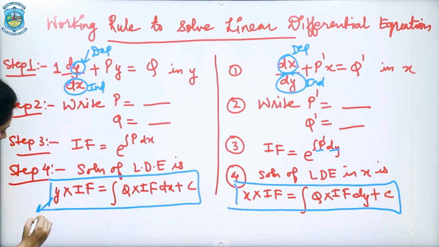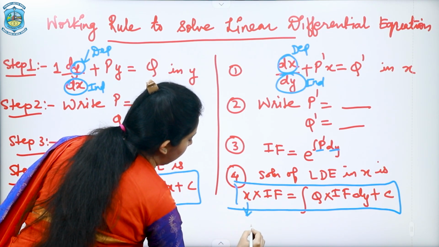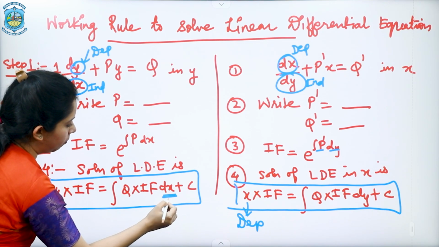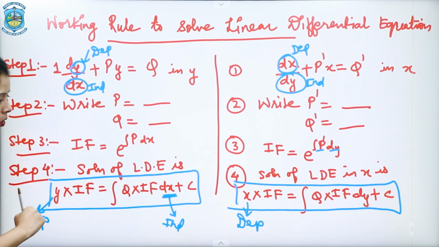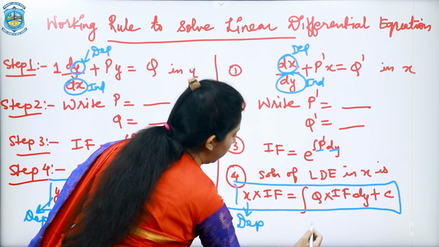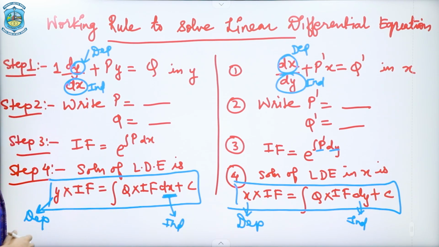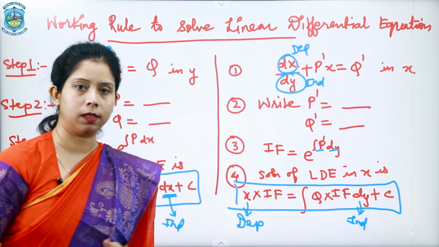Here y was the dependent variable, there x was the dependent variable, and we integrate the function with respect to the independent variable. In the first case the independent variable was x and here it is y. So, this is the working rule for solving linear differential equation in the form of y and in the form of x.